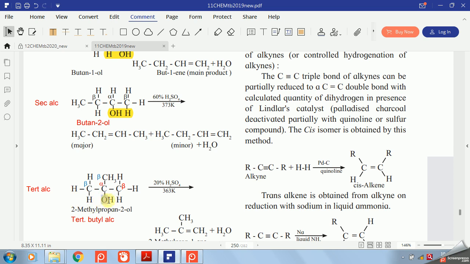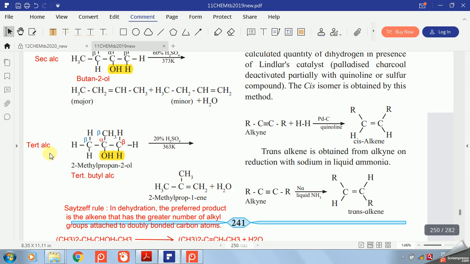In case of tertiary alcohol again we have to remove H and OH from the adjacent carbon. What do we get? We get a product. The double bond is in between the alpha and beta carbon, so we get isobutylene as a product.